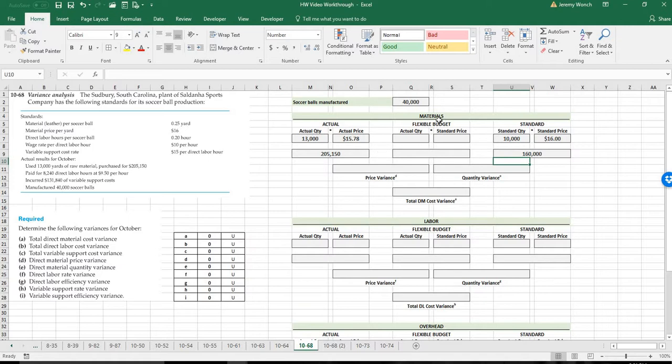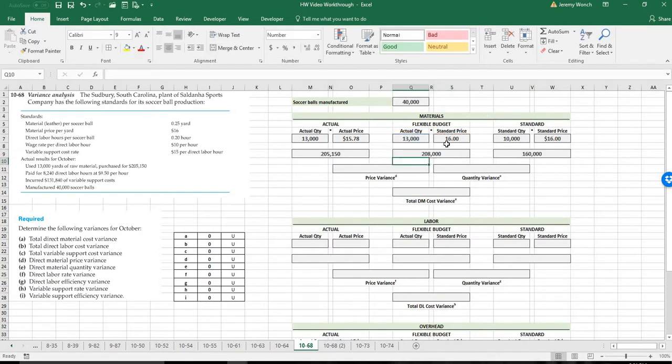Now we have what's called a flexible budget. What we do is separate out what we paid based on the actual quantity that was used. So we take our actual quantity from over here, and then we take our standard price from over here, and we multiply that together.